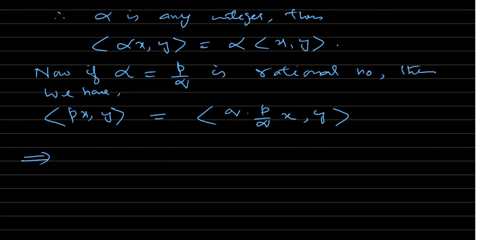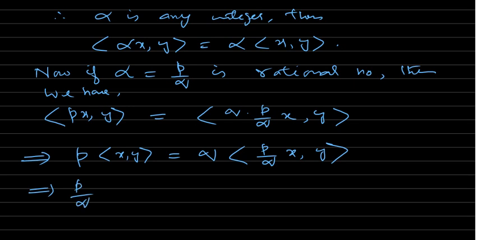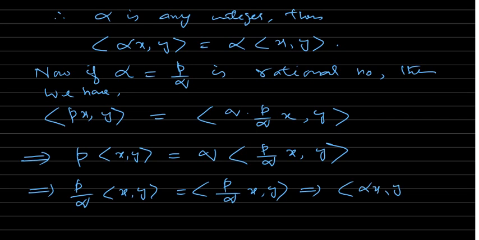So from here I can take p outside because p is an integer, since it's a rational number, that means p and q are integers. This is equal to, from here I can take q outside. Now q can also be transferred here, q is a non-zero number. So that means inner product alpha x y is equal to alpha times inner product x y, where alpha is a rational number. So you have proved it for rationals also; we can take a rational number outside.